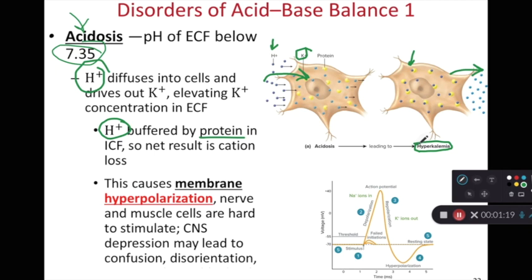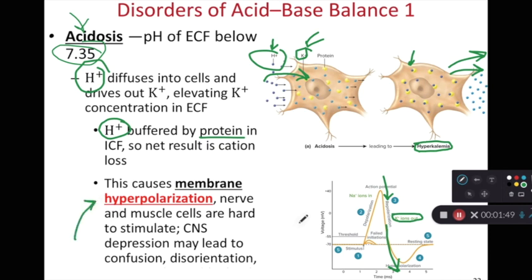And as we have potassium moving outside of the cell, think back to when we talked about action potentials with the nervous system. During the repolarization phase, we move potassium ions out to lower the overall membrane voltage on the inside. If hydrogen ions are displacing potassium ions and kicking them out of the cell, that's going to lower the voltage below baseline and cause the membrane to become hyperpolarized.